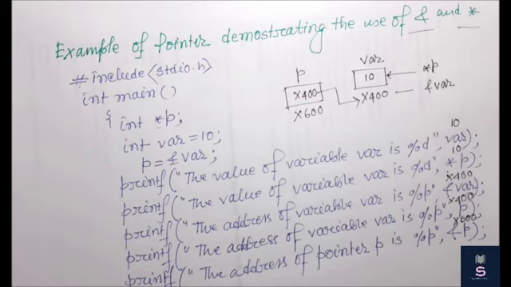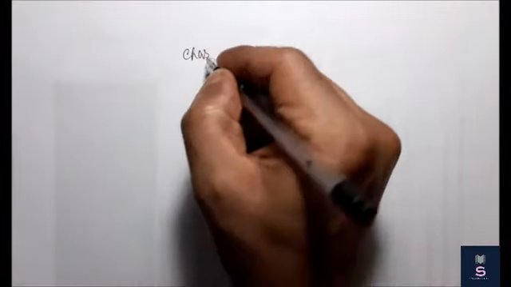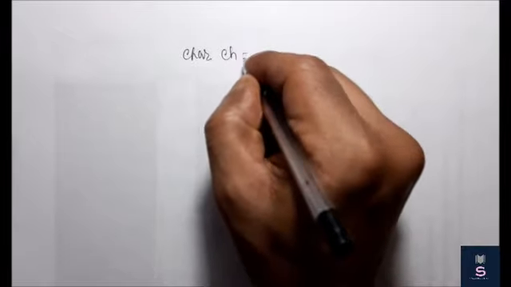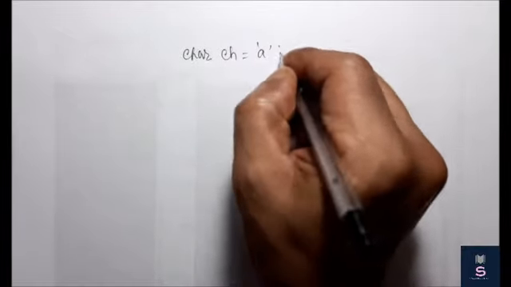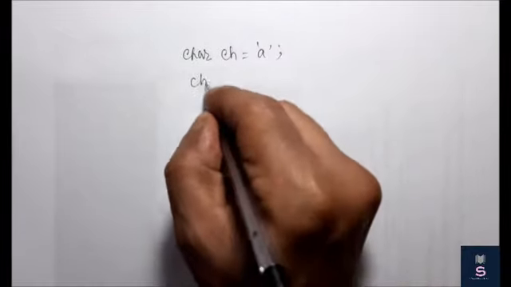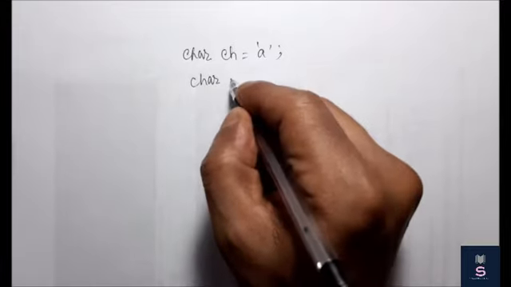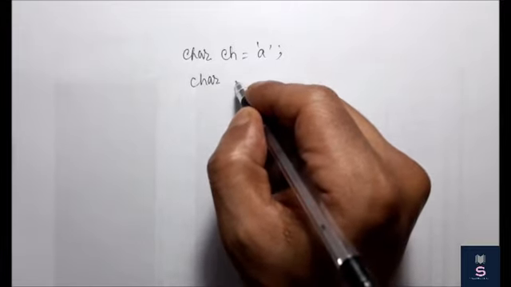Even if you use any character variable, let us say we have a character variable ch and a pointer. Suppose I have declared char ch, a single character, and I have declared a character pointer, or you can say a pointer to a character variable.